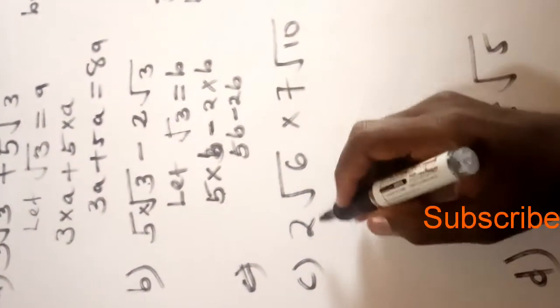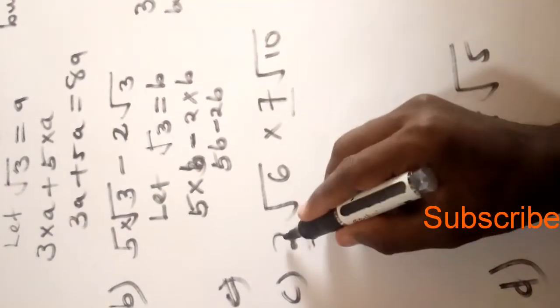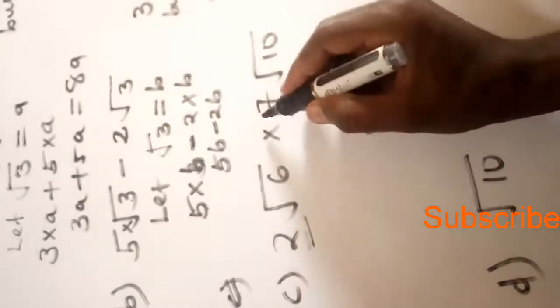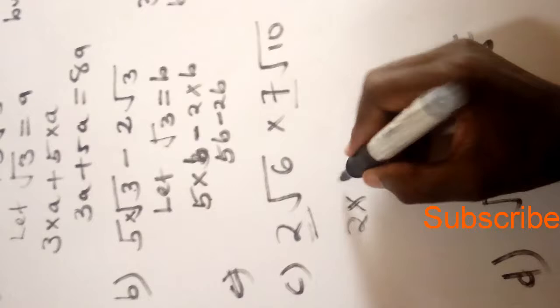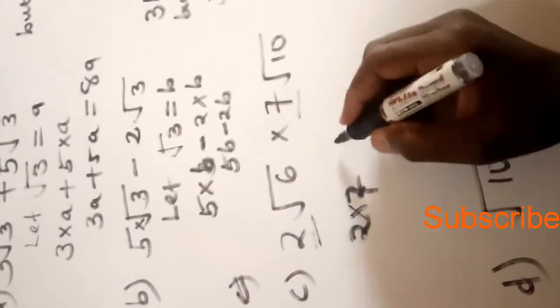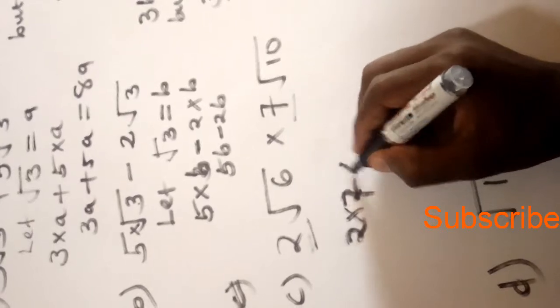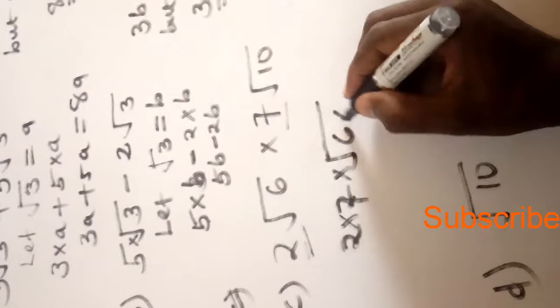So what we do here, first we multiply the coefficients of the surds. As you can see here, the coefficient for this surd is 2 and the coefficient for this surd is 7. So we multiply the coefficients, that is 2 times 7. And then we multiply the surds, that is 6 times 10.